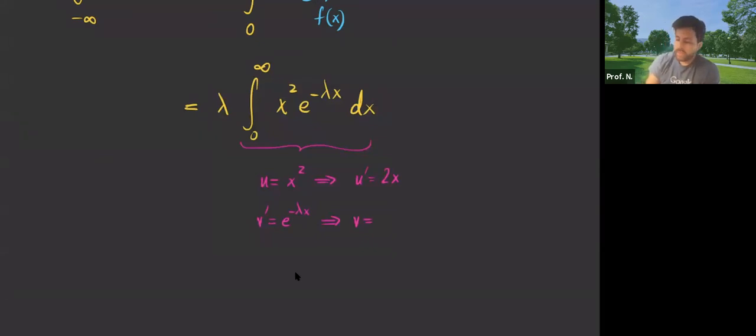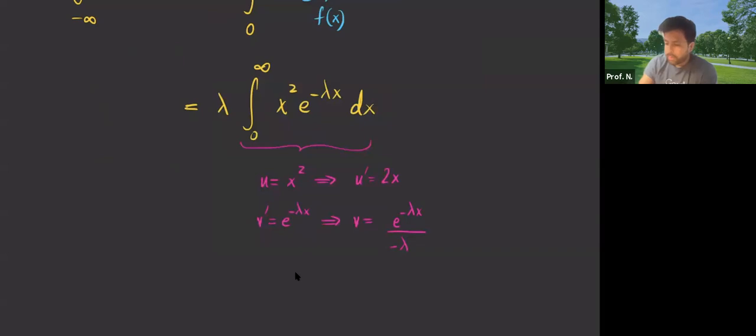The reason why this is an easy one is because e is a very nice function, because normally the derivative of e to the x is itself. So the antiderivative of e to the x is itself, right? So we don't worry about the plus c so much in this case for the integration by parts, but this will be e to the negative lambda x divided by negative lambda.